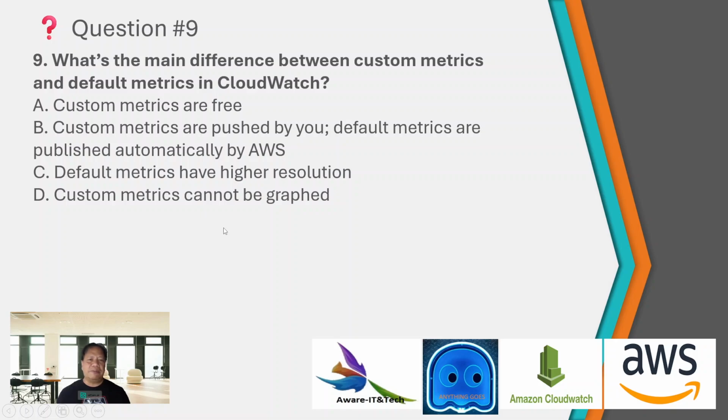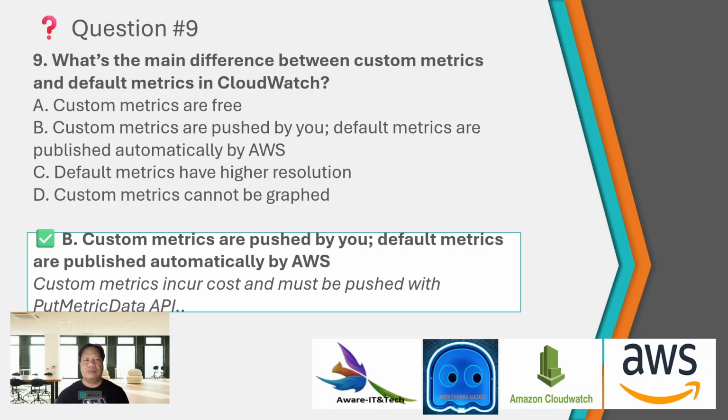And what's the main difference between custom metrics and default metrics? Custom metrics are free, custom metrics are pushed by you and default metrics are published automatically by AWS, or is it that default metrics have higher resolution and custom metrics cannot be graphed? Correct answer is custom metrics are pushed by you, while default metrics are already there, as I showed you in the demo.